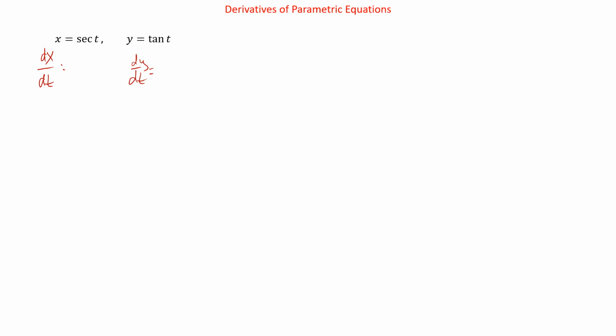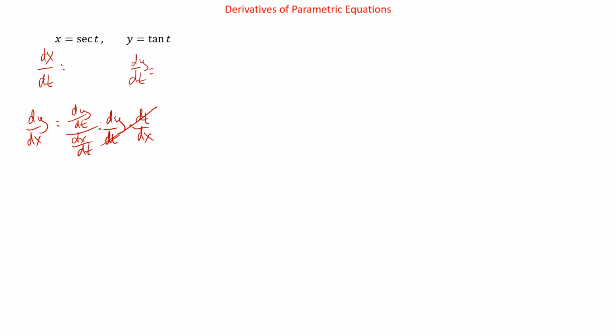Now, for our answer, though, the derivative is going to be dy over dx, because these parametric equations are still graphed on the same coordinate system, and we're looking for the slope. The slope is change of y over change of x. Well, what happens is if we take dy over dt and we divide by dx over dt, remember when you divide fractions, that would be like dy over dt times dt over dx, those cancel to get us that.